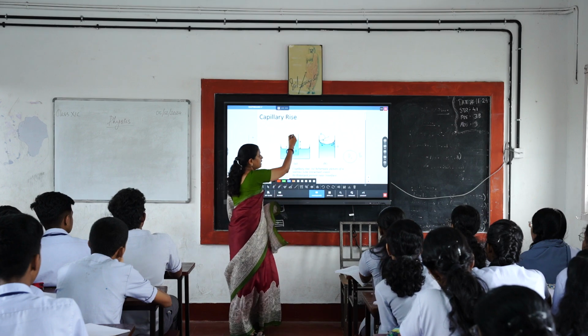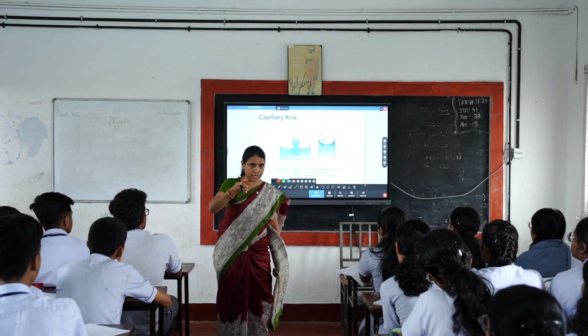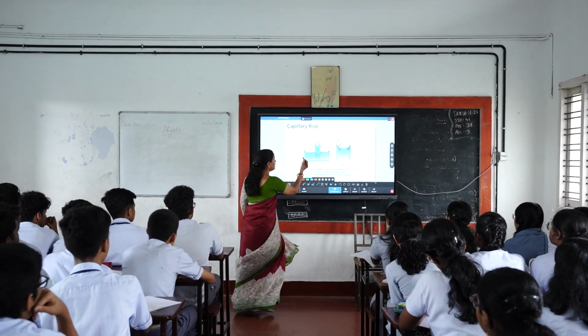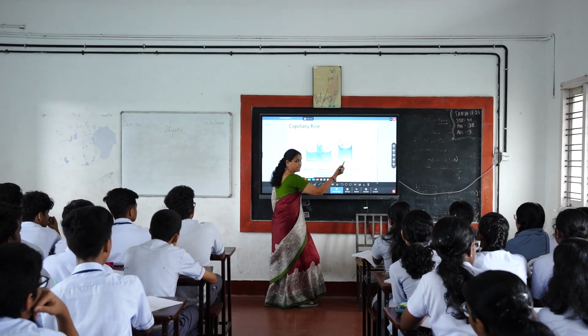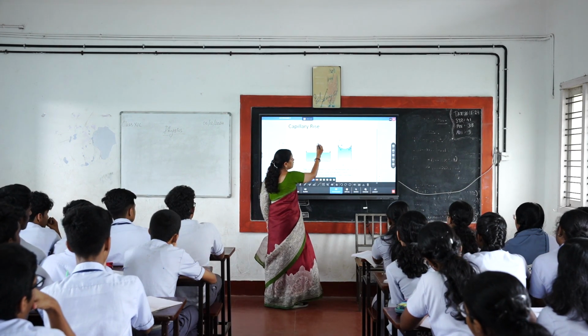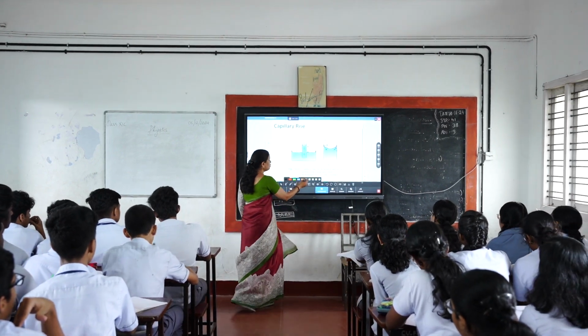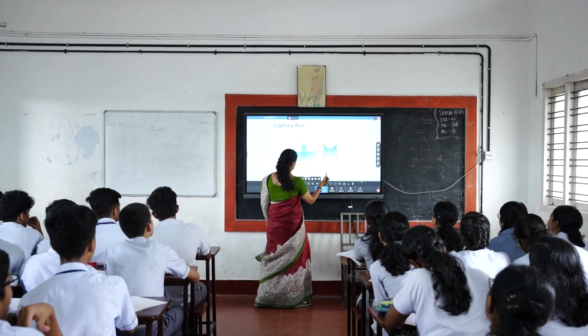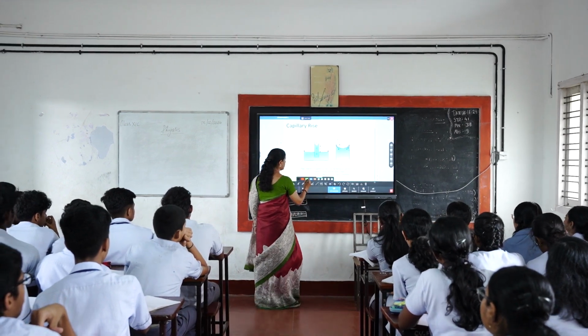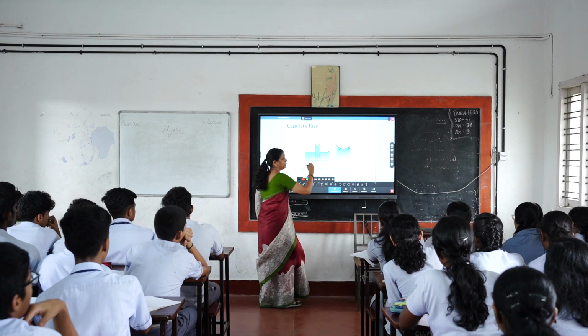But since it is an air drop, not a water drop, it is forming a concave surface. So here the pressure inside is the atmospheric pressure, written as PA. Hope it is clear. So this is PO and this is PA.